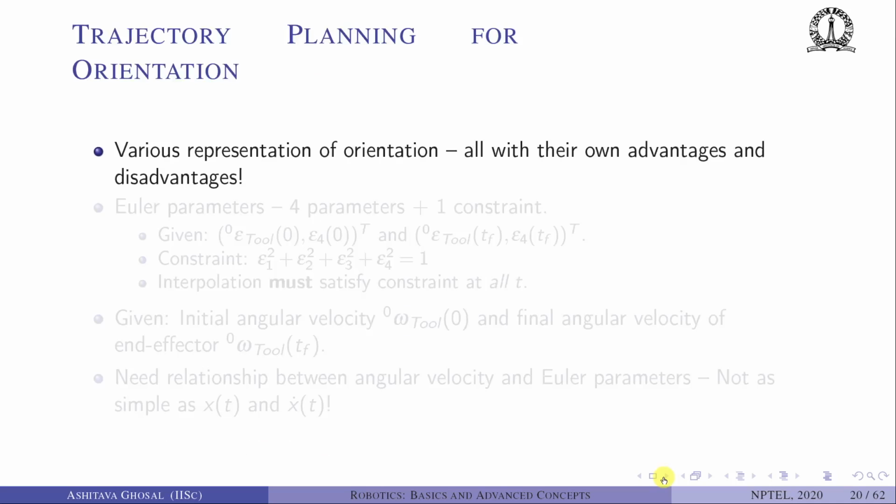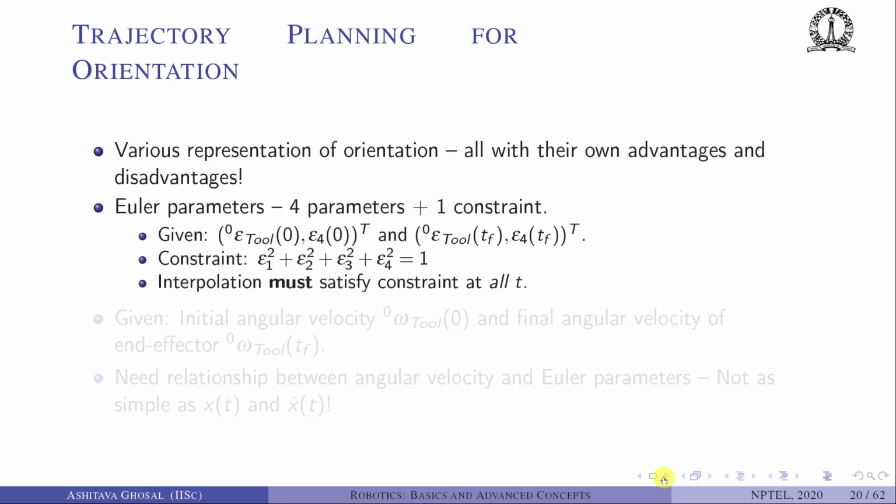Trajectory planning for orientation. As I said, there are various representations of orientation, all with their own advantages and disadvantages. When you want to do trajectory planning for orientation, it turns out that the representation using Euler parameters is most suitable. Euler parameters are nothing but 4 parameters plus 1 constraint.